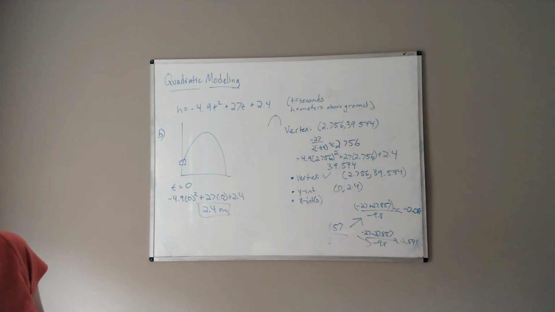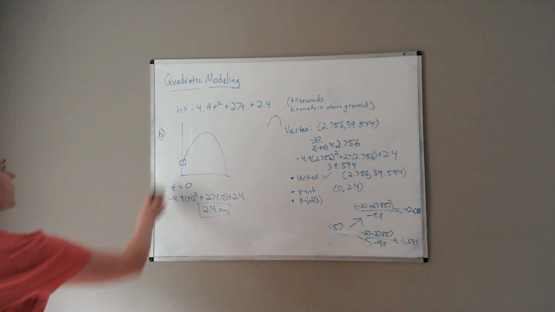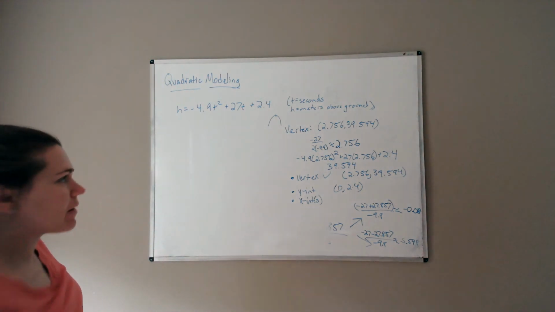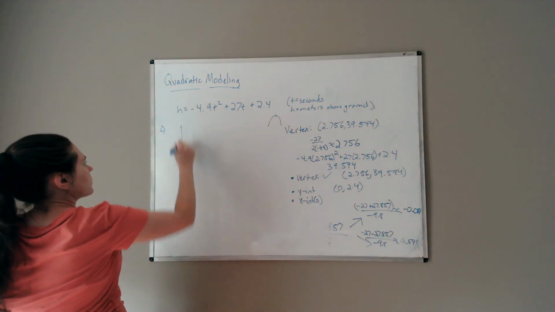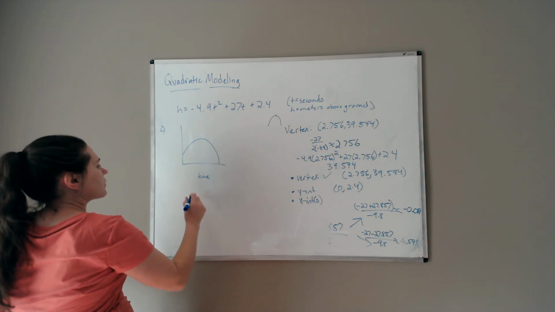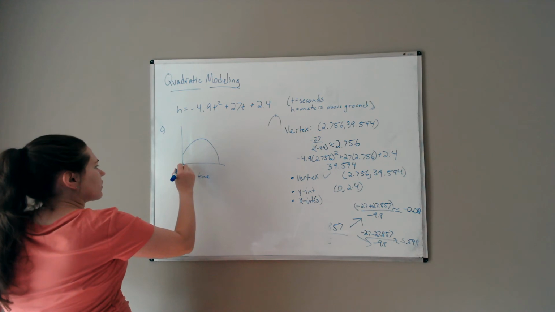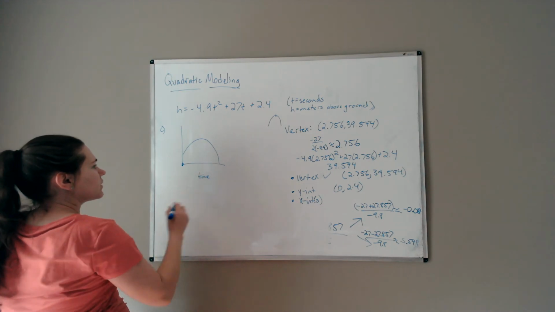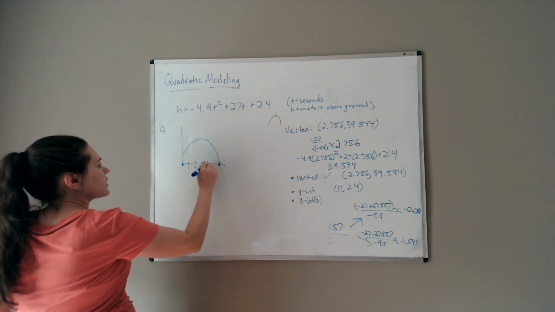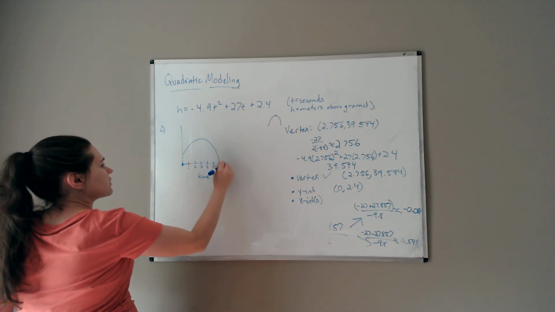Now C says, how long did it take for the water balloon to hit the ground? If we think about our model, it was something like this. This was time. When t is 0, it hasn't been launched yet. Now our time, 1 second, 2 seconds, 3 seconds, 4 seconds, 5 seconds, and here's 6 seconds.